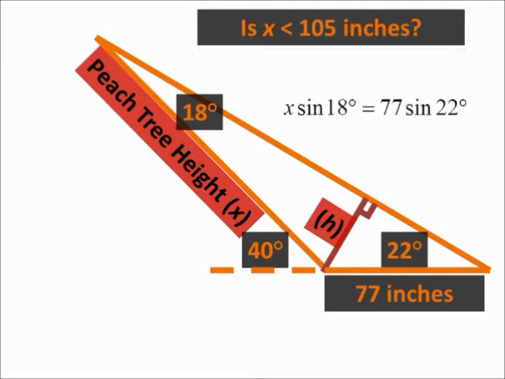Let's go back to where we had x sine of 18 is equal to 77 sine of 22.